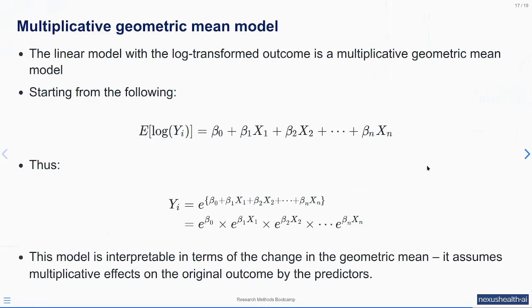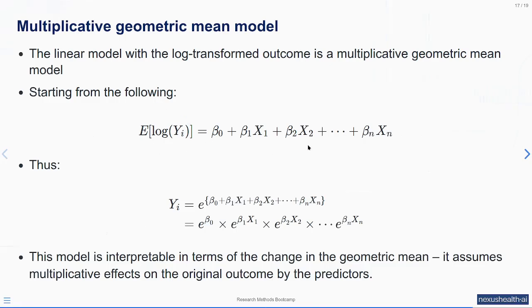If we look at the linear regression with the log transformed outcome, like I've already stated, it's a multiplicative geometric mean model. If you take the log of y here, this is the expected, the predicted value.